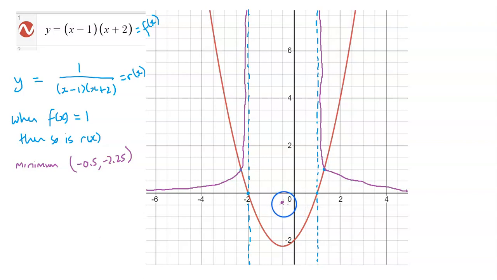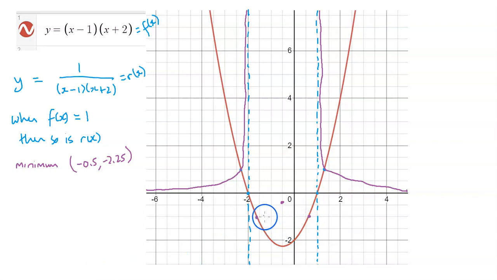negative 0.5. So we know our function is going to go through that point, and we also know that when our function f of x is equal to negative 1, so is the function r of x, because 1 divided by negative 1 is still negative 1. So we also know that the function r of x is going to go through this point and this point.